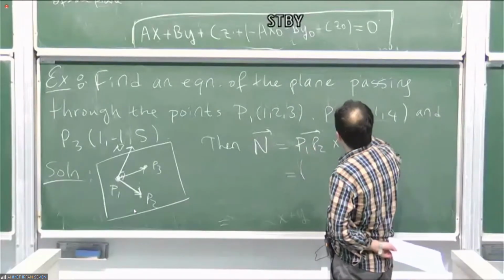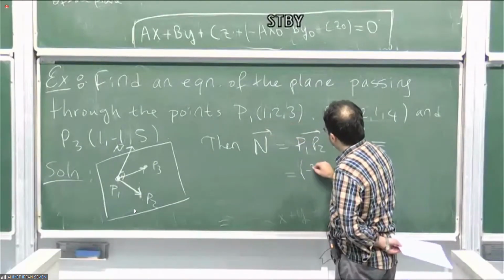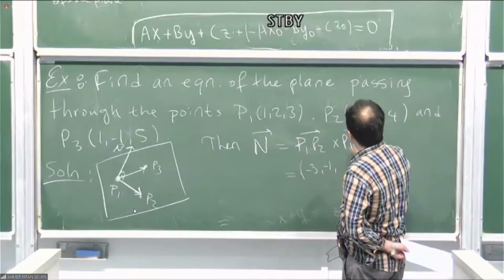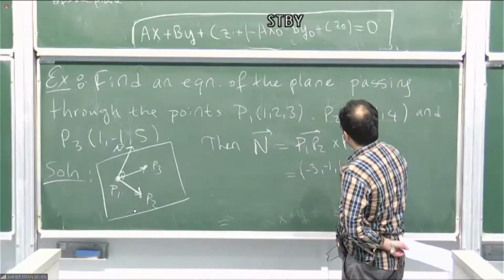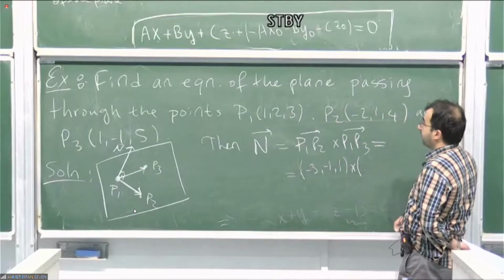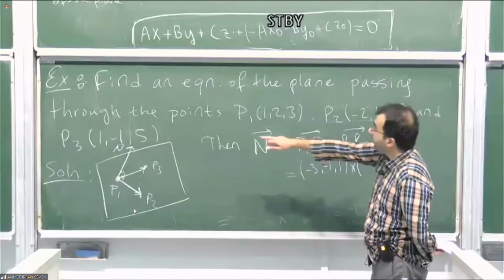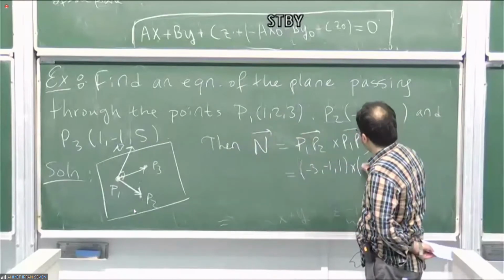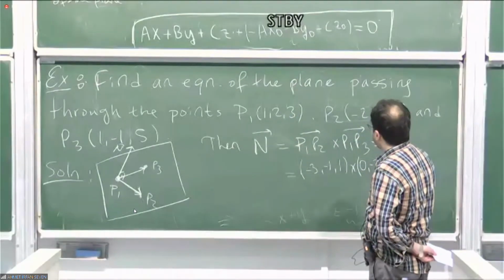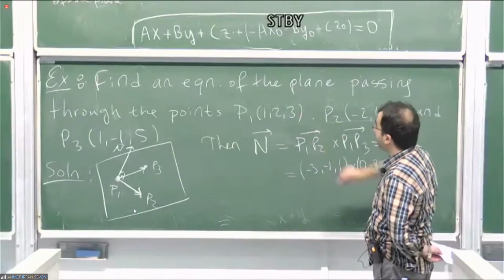So it will be minus 2 minus 1, minus 3, 1, minus 2 minus 1, 4 minus 3, which is 1, cross P1P3, P3 minus P1. So 1 minus 1, 0, minus 1 minus 2, minus 3, 5 minus 3, which is 2.